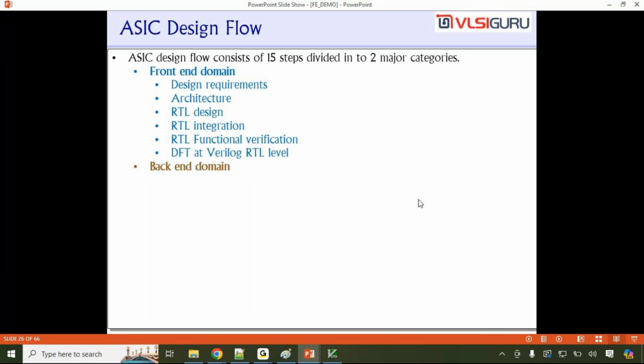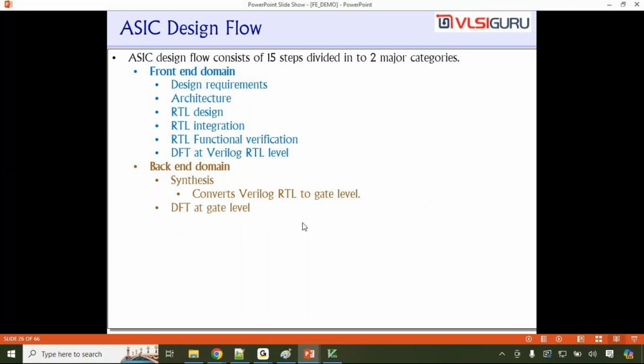Then finally you do the DFT at the Verilog level. This is the front-end domain. Coming to the back-end domain, it starts with synthesis. What is synthesis? Converting Verilog code, whatever language code we develop, into the gate level format, into the logic gates, is called synthesis.